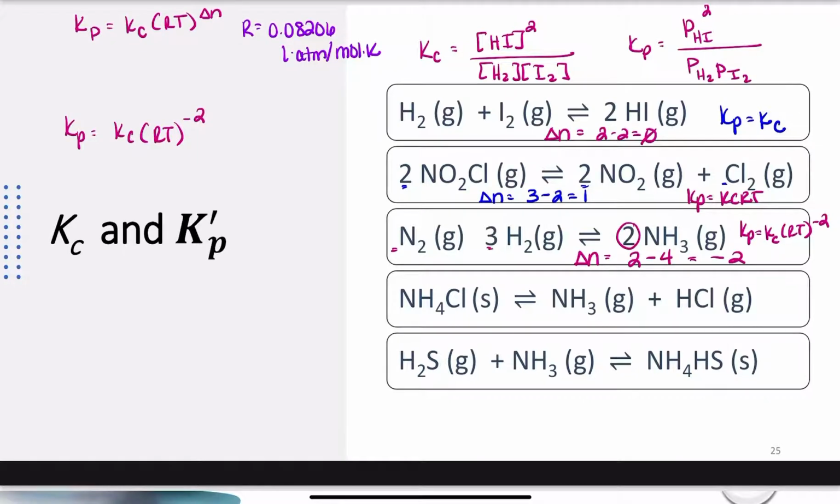NH4Cl in equilibrium with NH3 and HCl. Don't let this one trip you up. Don't get too comfortable. This is a solid, which means it does not interact in our equilibrium expression. Solids stay relatively constant in the overall reaction, so it's not participating. So here, my change in the number of moles, and I don't remember if I specified this or not, is the change in the number of gas moles.